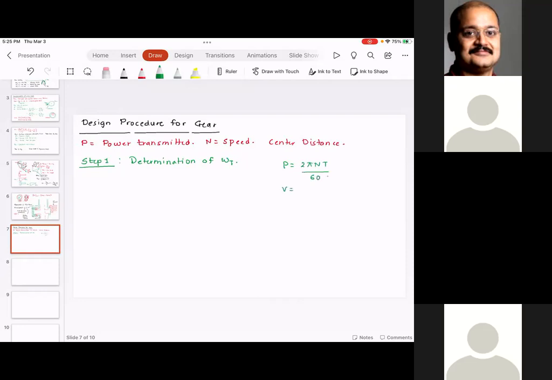V is equal to pi times d times n divided by 60, where T is the torque, n is the speed. WT is equal to P divided by V multiplied by CS, where CS is called the service factor or duty factor.